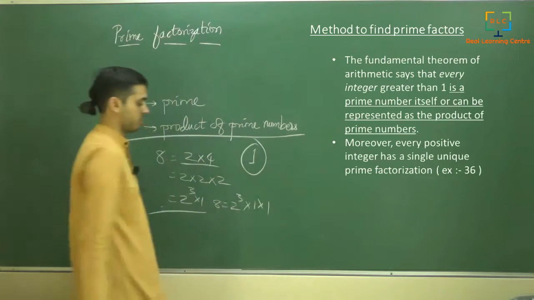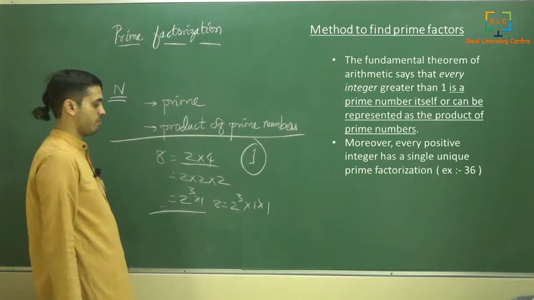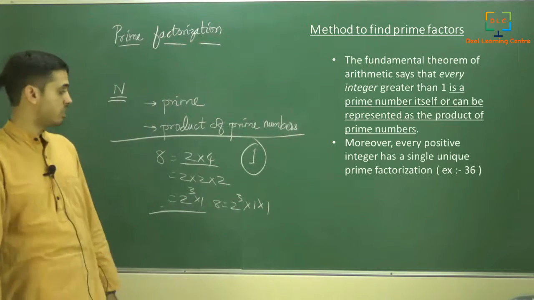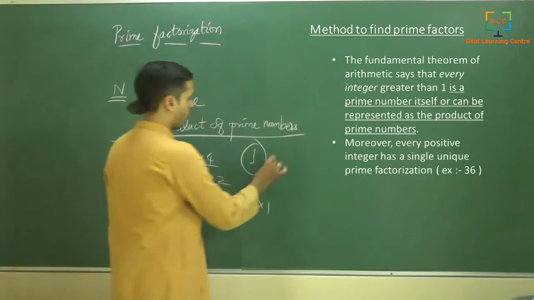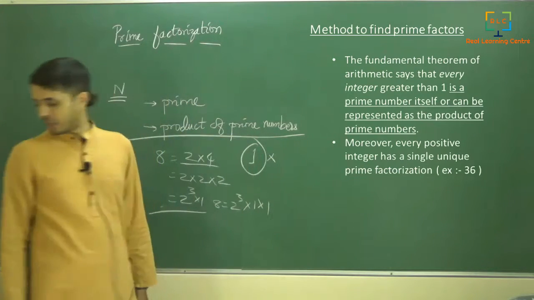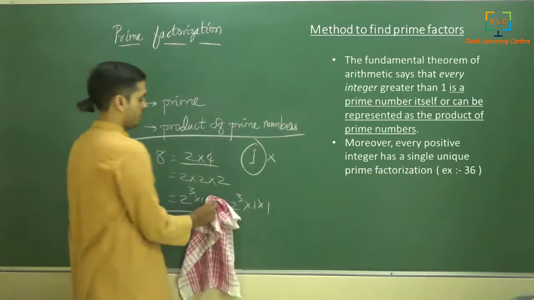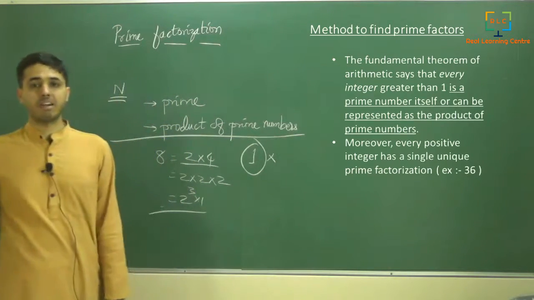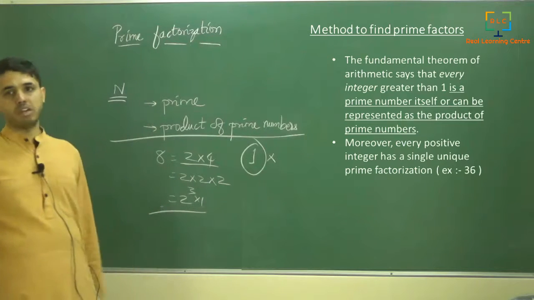Then the factorizations are not unique. Hence, to remove that confusion, 1 is not a prime number. So when you factorize a given number into its prime factors, there is only one way to do it.